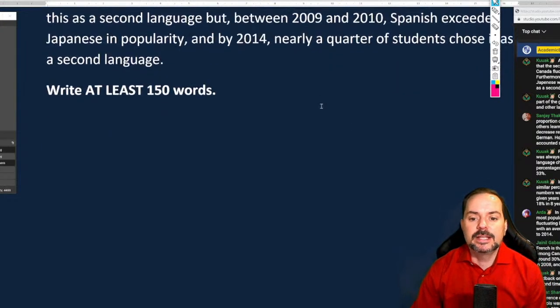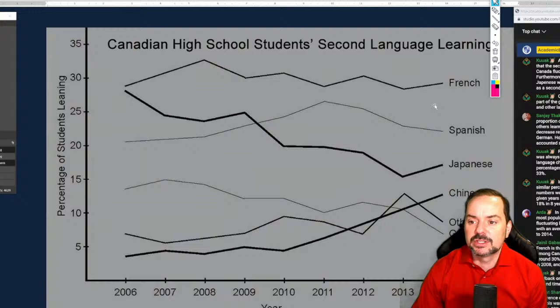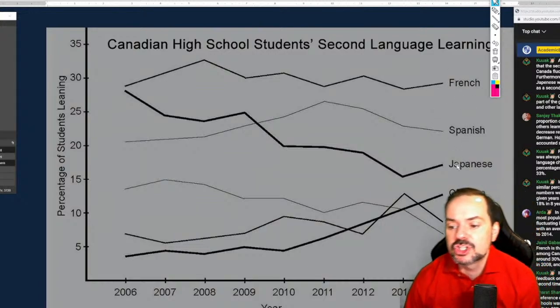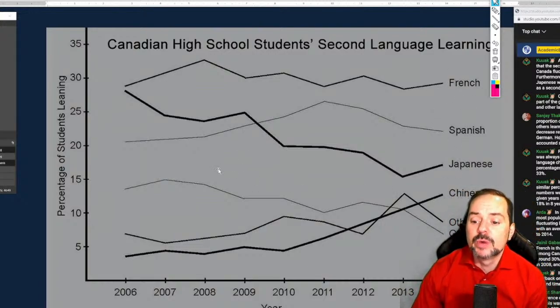Okay, so that's Spanish out of the way. So I've got the three big ones. I've got French, Spanish, Japanese, which is great.